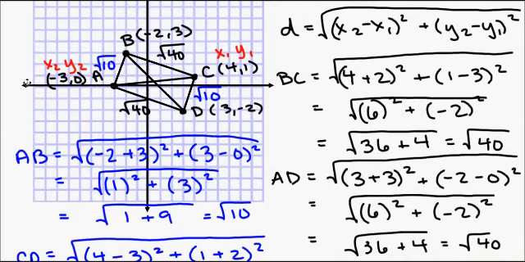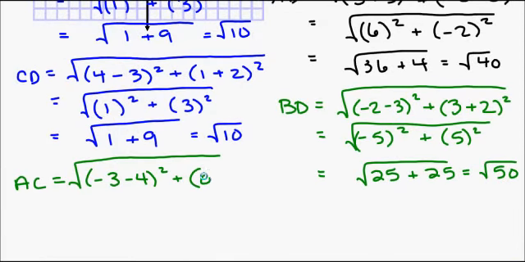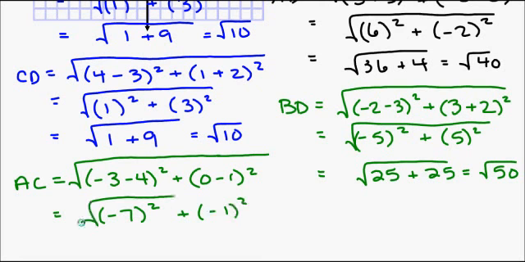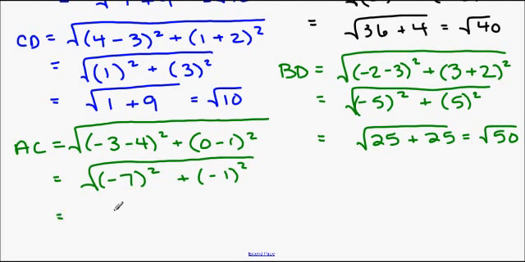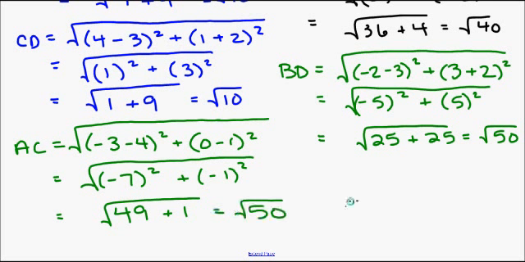Y2 is 0, Y1 is 1. So 0 minus 1 squared. Okay. Negative 3 minus 4 is negative 7. 0 minus 1 is negative 1. When I square these, they will both become positive. So this is the square root of 49 plus 1. And that gives me the square root of 50.